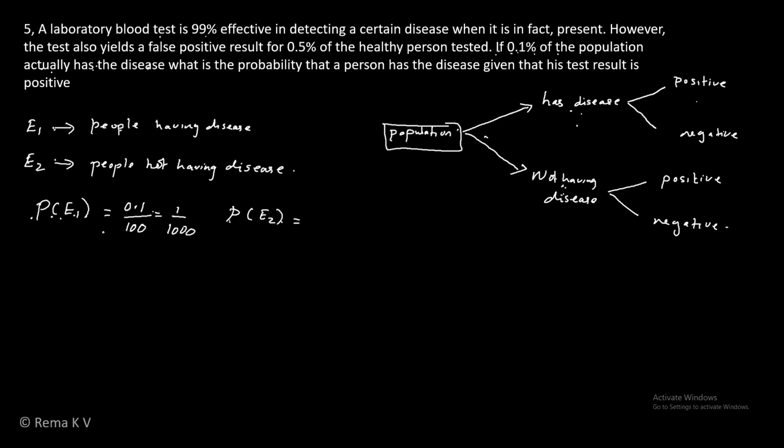See, probability of E1, that is people having disease, is 1 by 1000. So what is the probability of people not having disease?